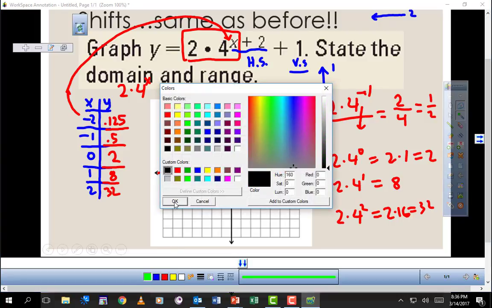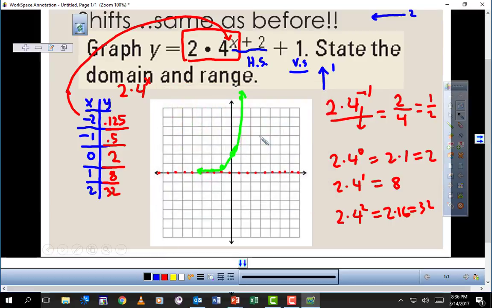So I'm going to use black now. Our shift, what we do is we take each of these points and we're going to go left 2 and then we're going to go up 1. So in addition, the asymptote that's here is going to go up 1.